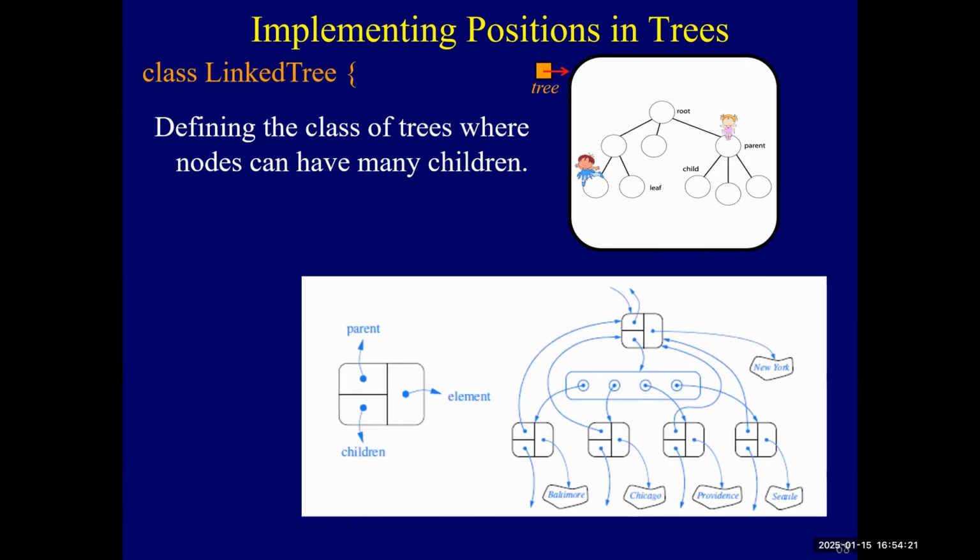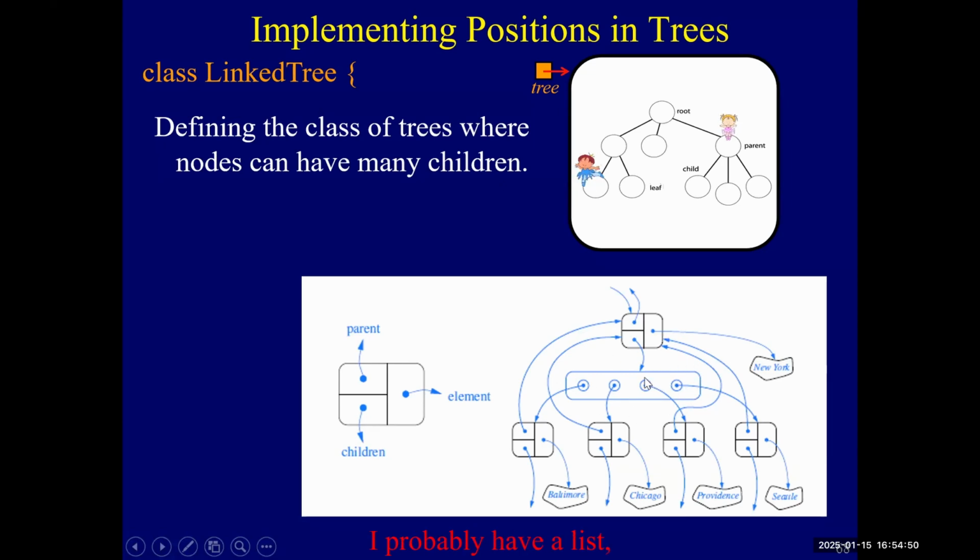All right, suppose you have lots of children, right? So what does the node then look like? Well, this is a node, and instead of having a left child and right child, it points at another structure, which is maybe a set data structure, or an array data structure, a collection.